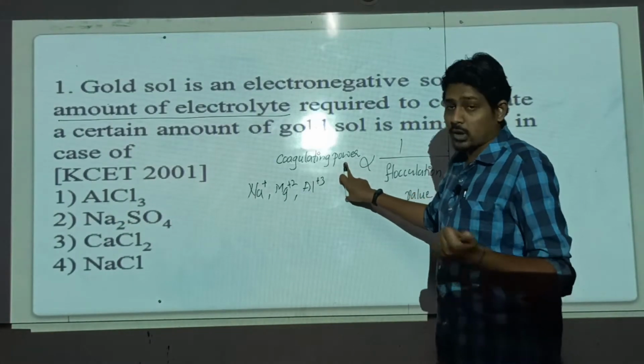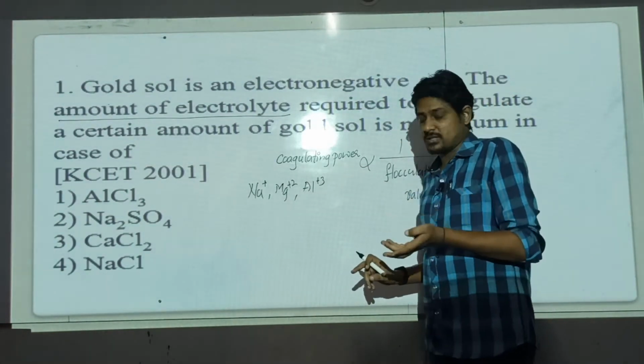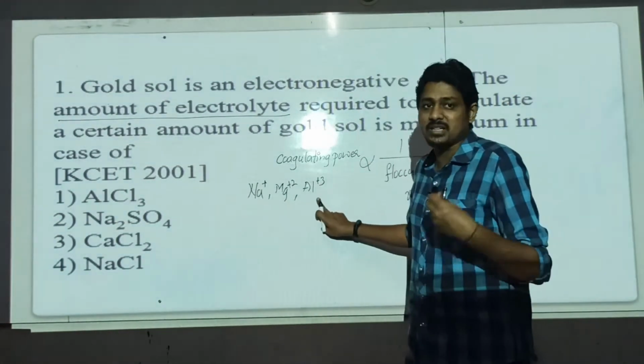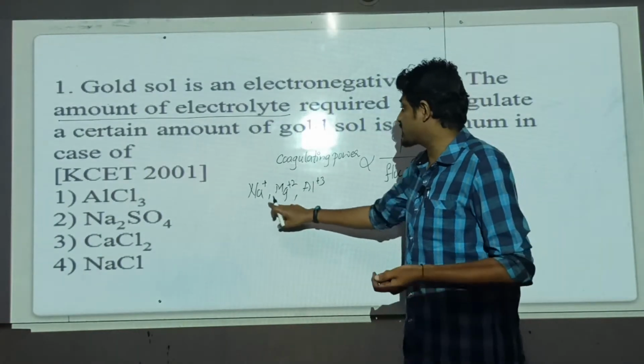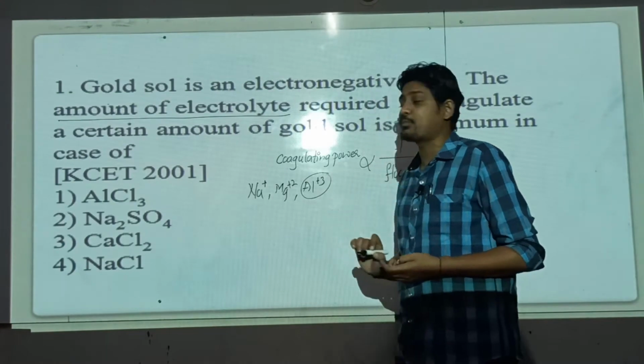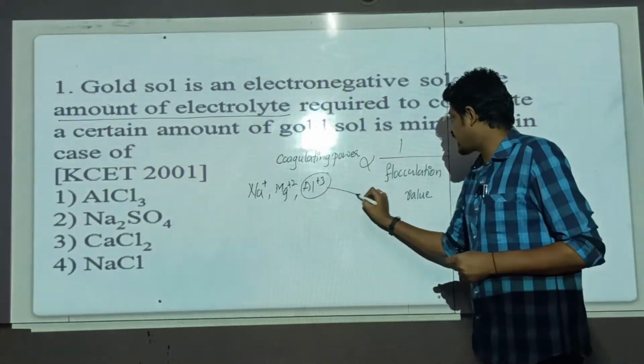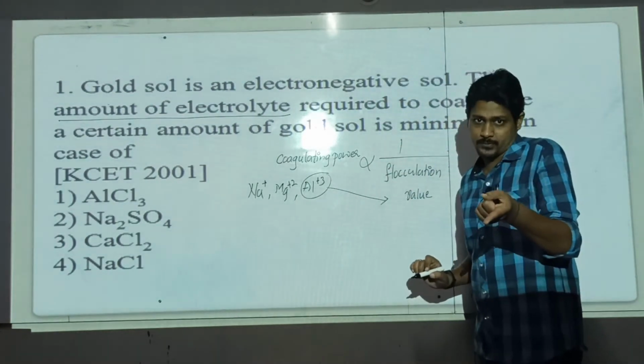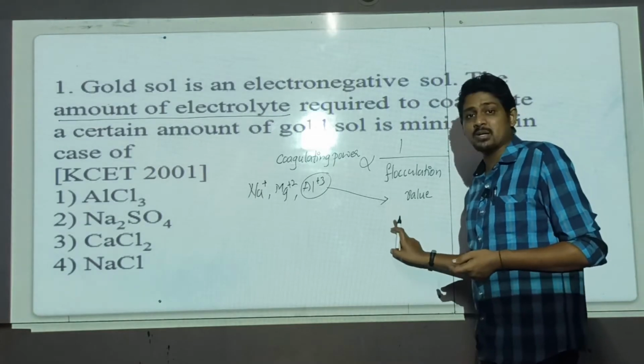Coagulating power means higher oxidation state. So between these three ions, aluminium has the higher coagulating power. It means its flocculation value will be minimum.